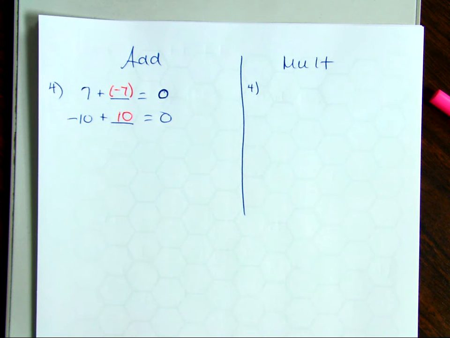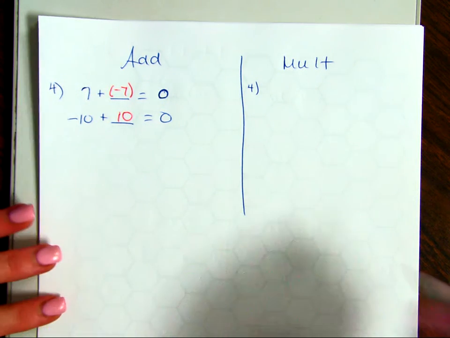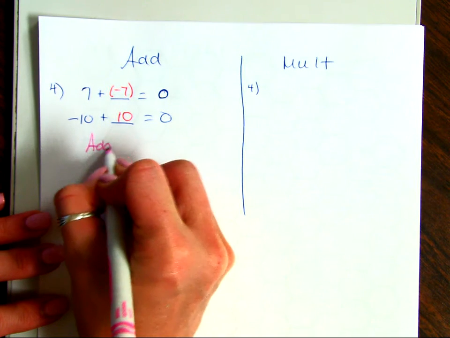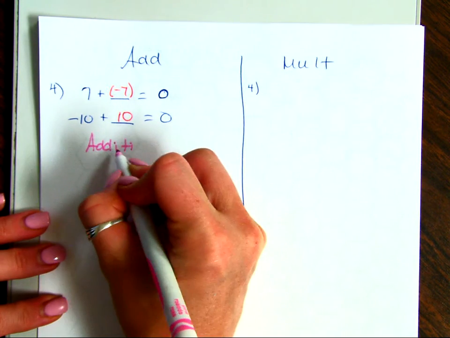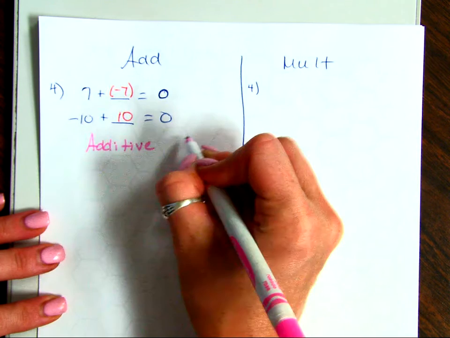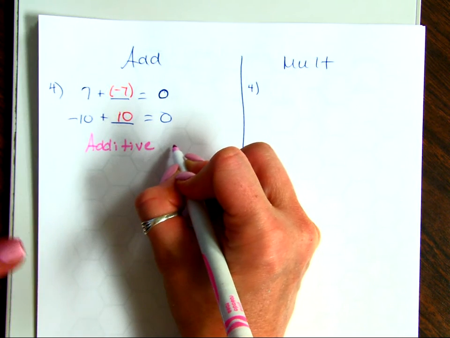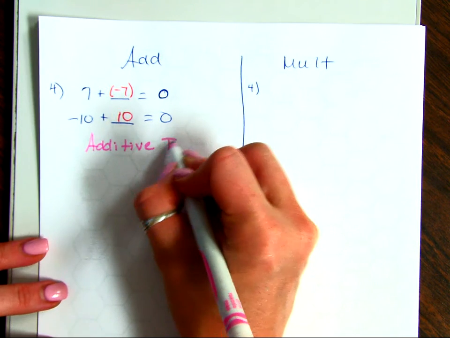You know that those are called opposites. You also know that a fancy name for opposites is inverse, right? Last year we solved equations using inverse operations, so it's kind of fitting that the word inverse needs to be in this property name. So we're going to call this adding, so it's additive. Additive. I can't talk and spell at the same time. And not the identity property, this is the inverse.